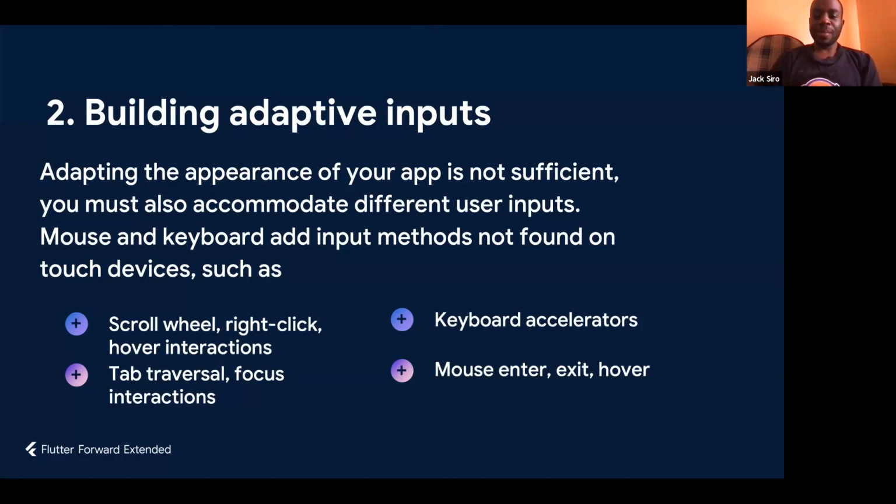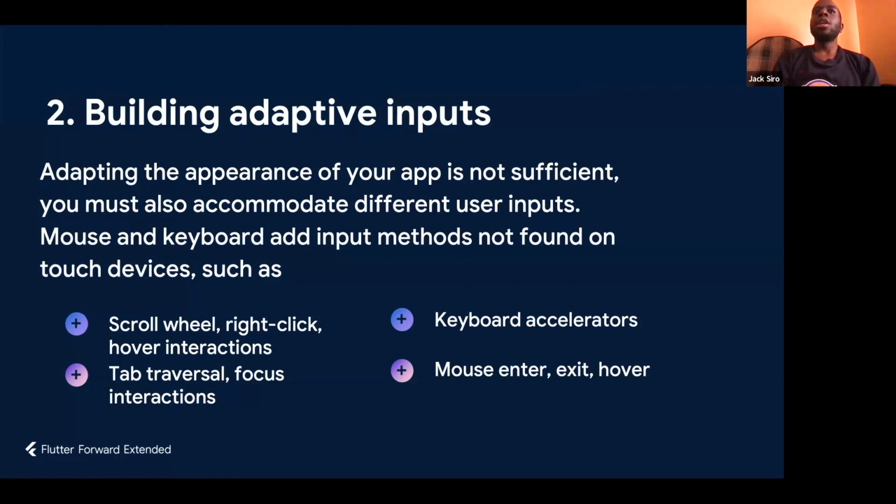And then last but not least is the mouse enter, exit, hover. So mouse enter or exit is also part of the hover interaction. When the mouse enters a particular widget, there will be an interaction.